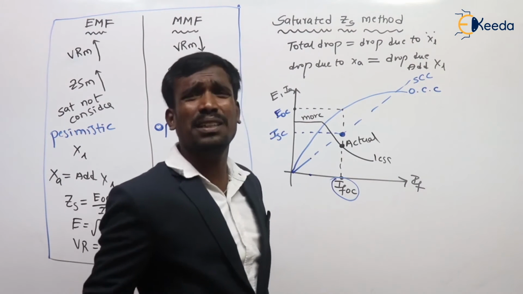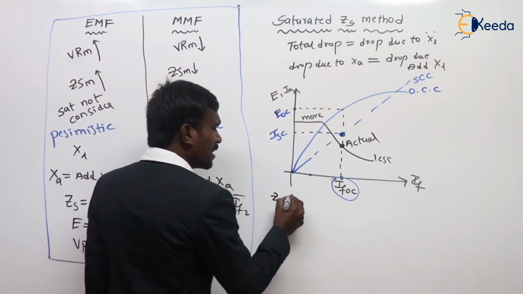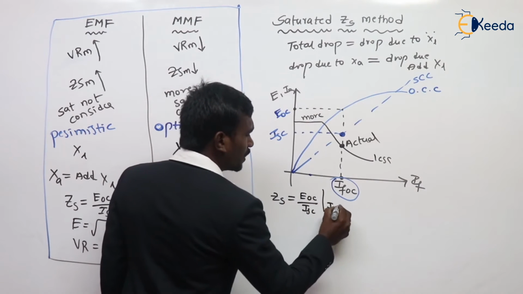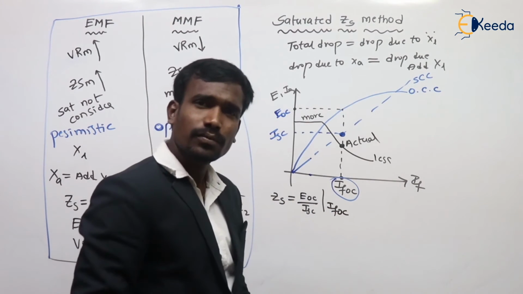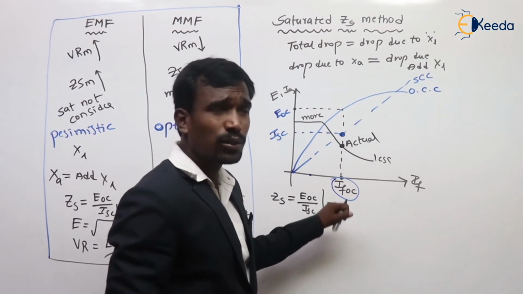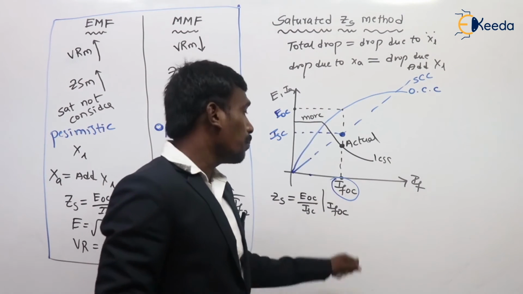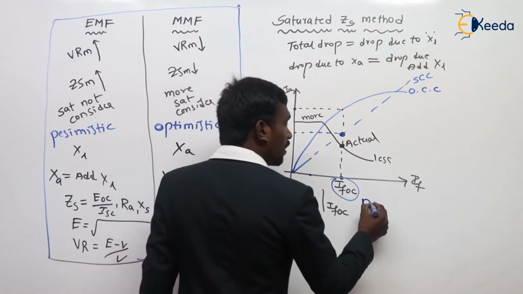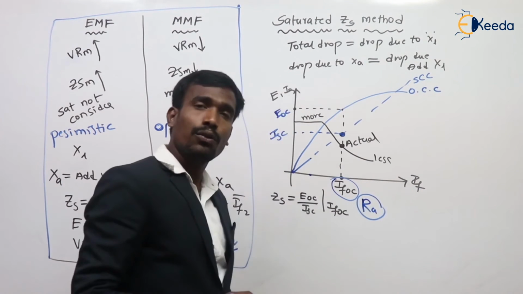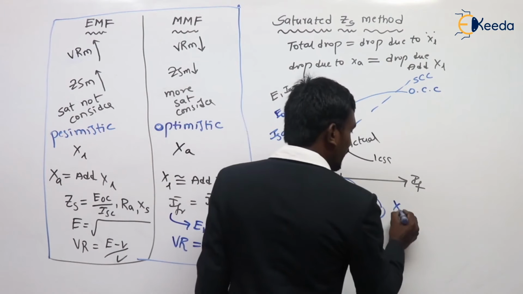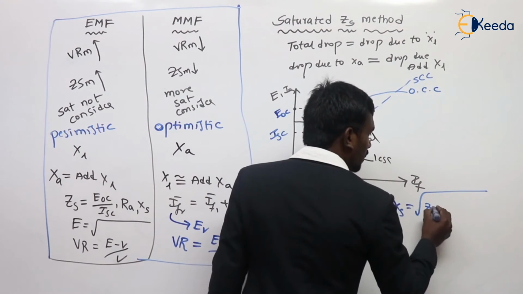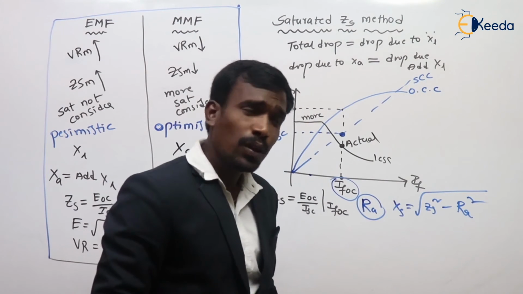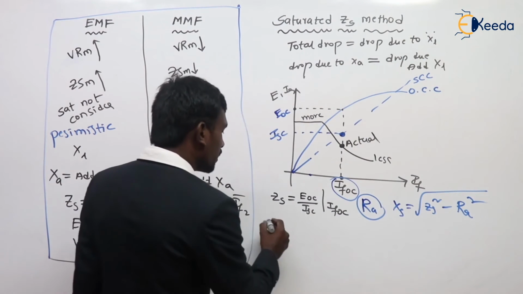Then what, sir? Everything is the same. Then find ZS. ZS equals EOC upon ISC with respect to IFOC. We calculated this also in the EMF method, but with respect to IFSC; here it is IFOC. And find RA. I told you how you can find RA. Then find XS. XS is nothing but the square root of Z squared minus R squared. We know this, yes or no? Then find the EMF.